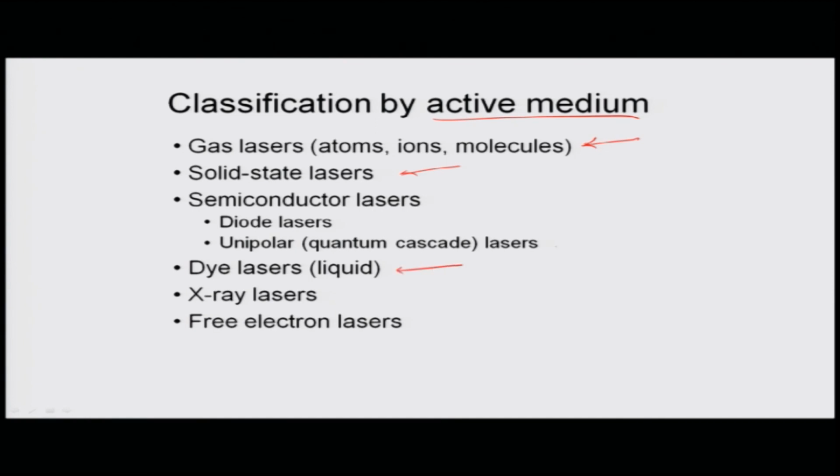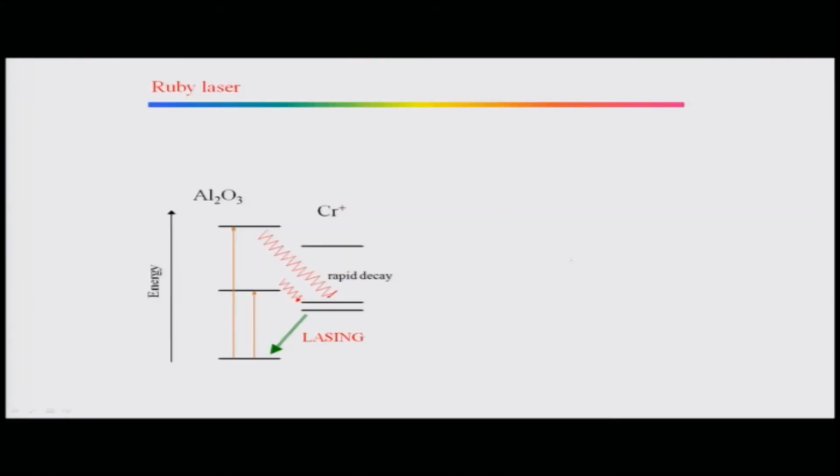One of the other popular lasers which have been around for a while is the liquid lasers or the dye lasers, where a dye molecule is used as a very nice absorber, having a wide absorption region where you can actually tune the wavelengths to the certain energies that you need. And there are X-ray lasers and free electron lasers and many other different kinds of lasers.